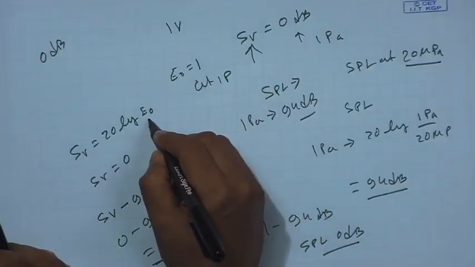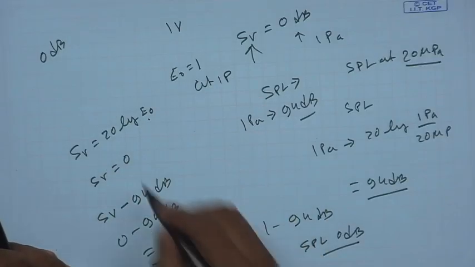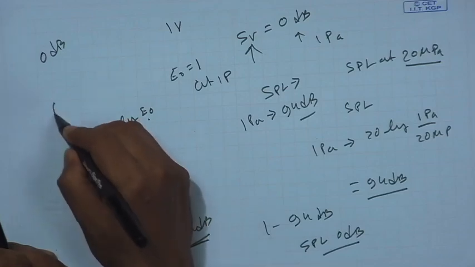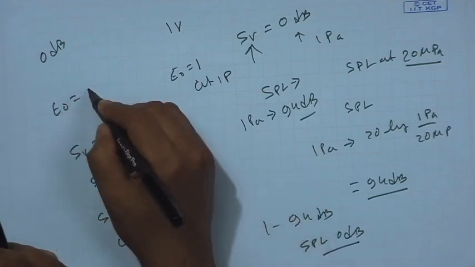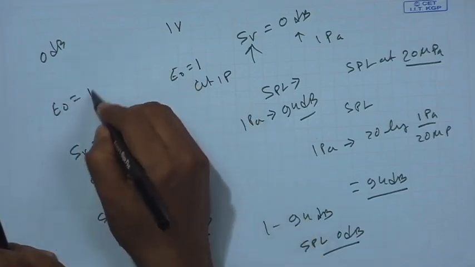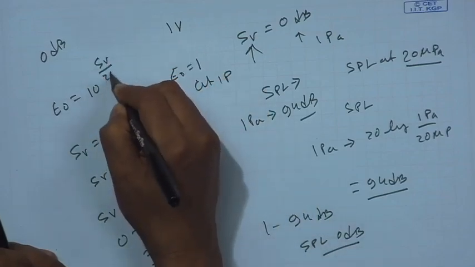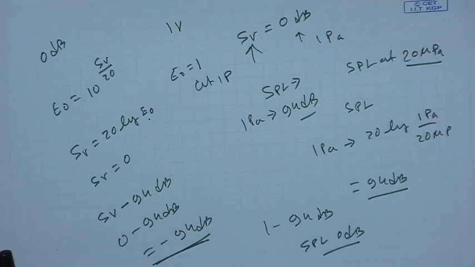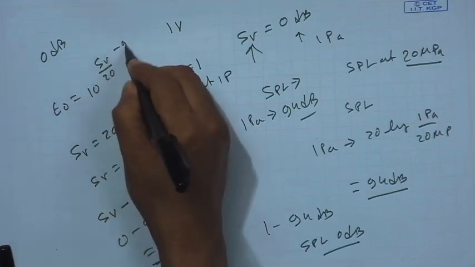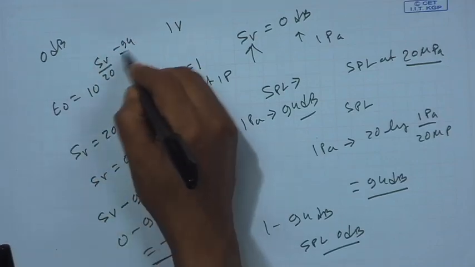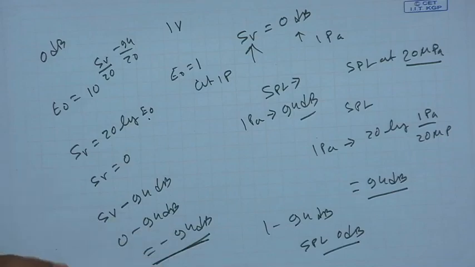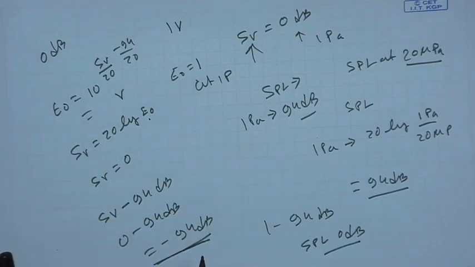How much voltage will be produced? If E0 is 1 volt, that means 0 dB. So, E0 is 10 to the power SV by 20, where SV is minus 94, so E0 is 10 to the power of minus 94 divided by 20. So, I can get the voltage at the output of the microphone.